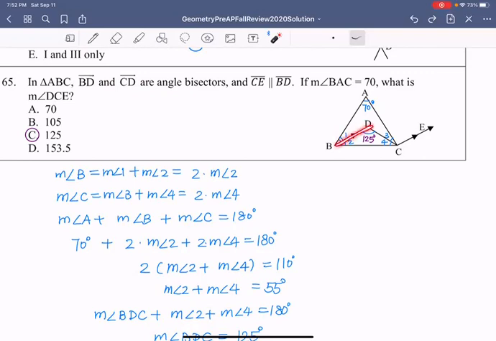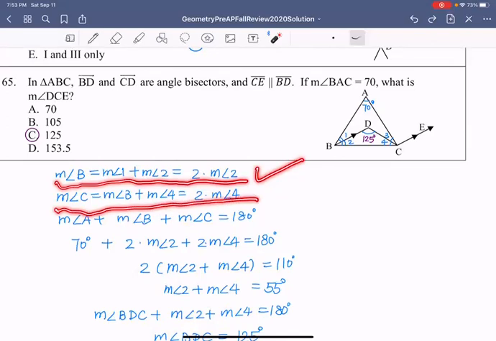This is an angle bisector. Do angles 1 and 2 equal? Yeah. When 1 and 2 are equal, you can see this, right? Read this, please. The measure of angle B is equal to the measure of angle 1 plus the measure of angle 2, which equals 2 times the measure of angle 2. Okay, next, continue.